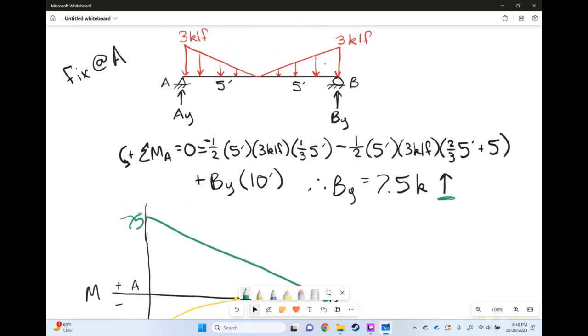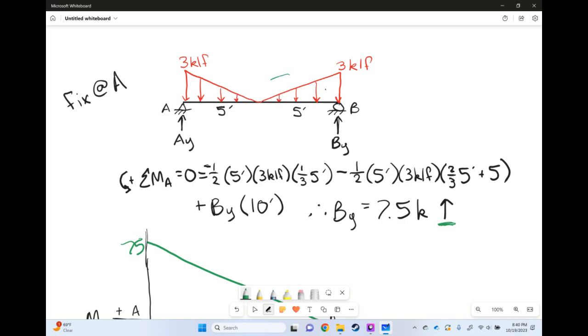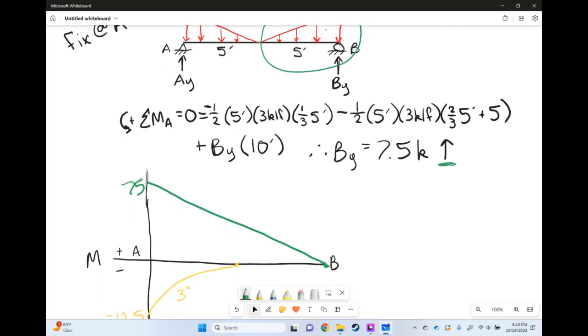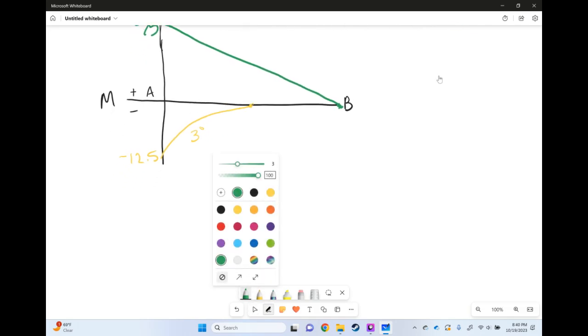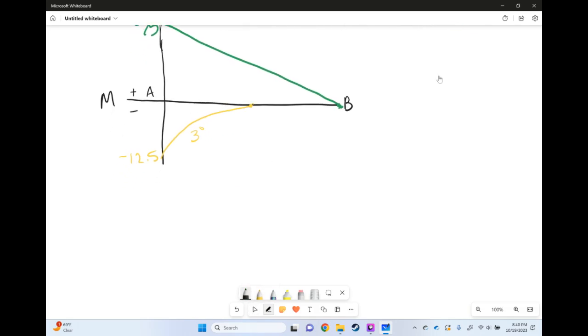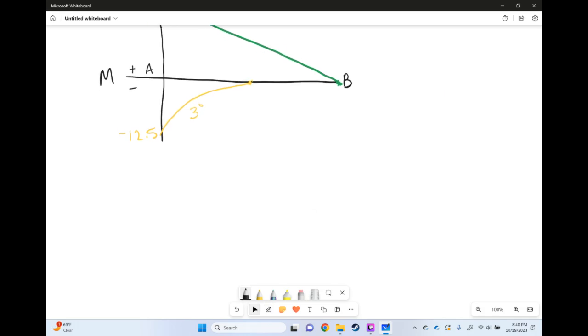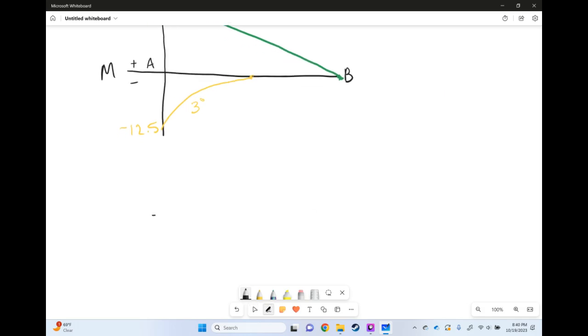Now we need to figure out how to do this guy. How do we get that shape? So we want to try and use similar shapes or easy shapes to create this thing. So for example, on our beam, an easy shape is a uniformly distributed load, right?